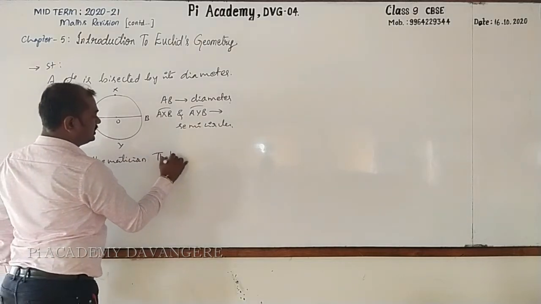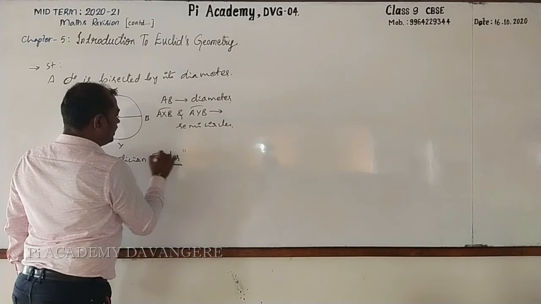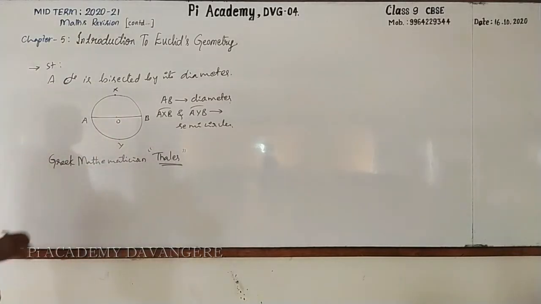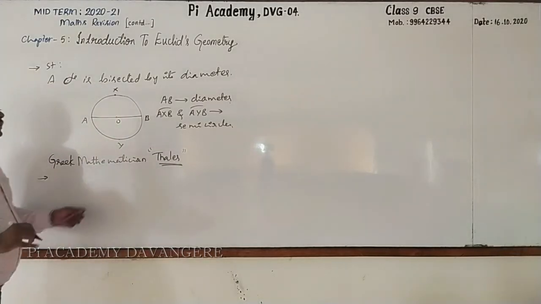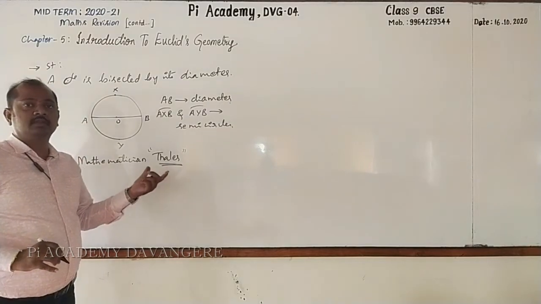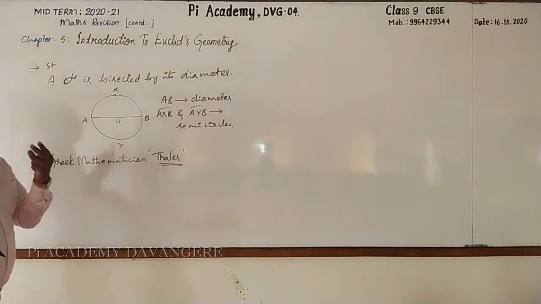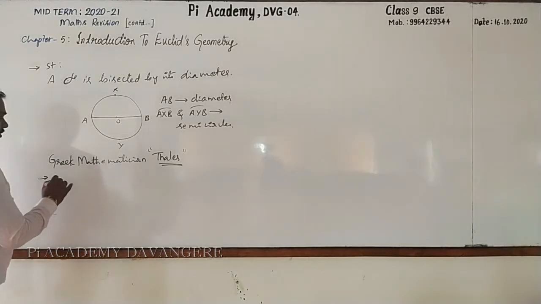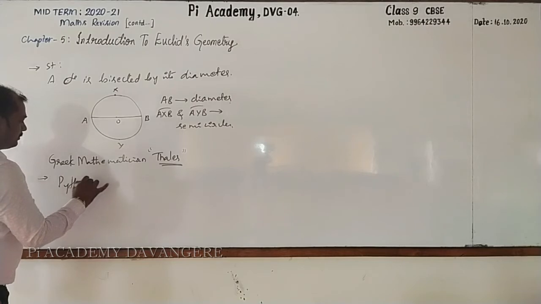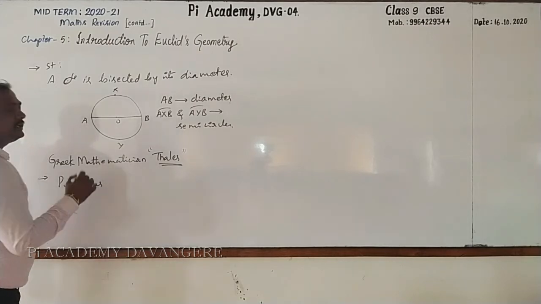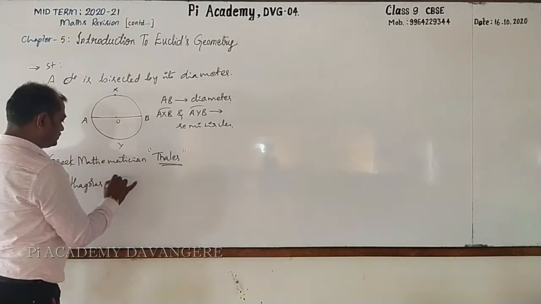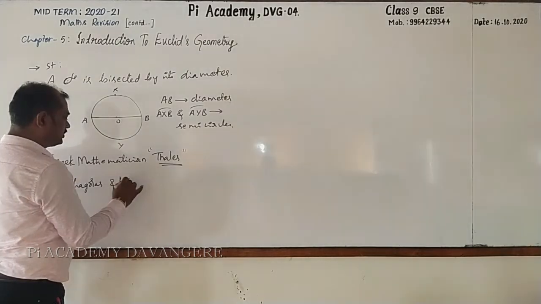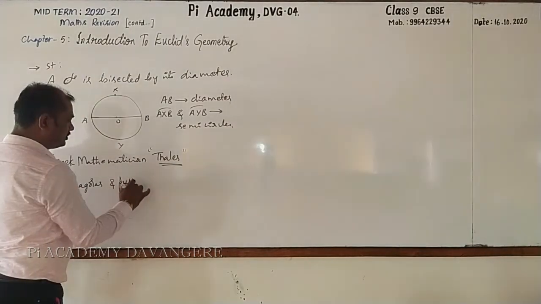Thales, T-H-A-L-E-S. And his pupil, nothing but his student, is also one of the familiar and famous mathematicians, Pythagoras. Pythagoras and his followers, nothing but his pupils, are also called Pythagoreans.